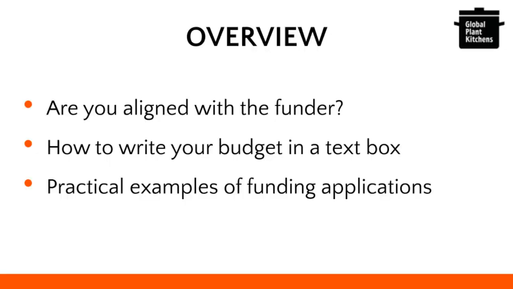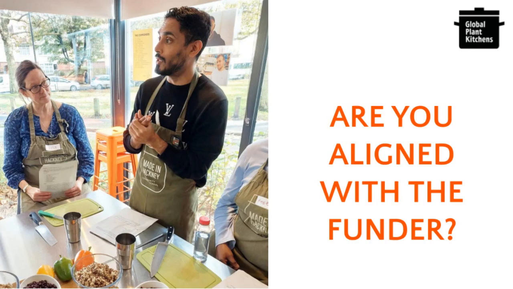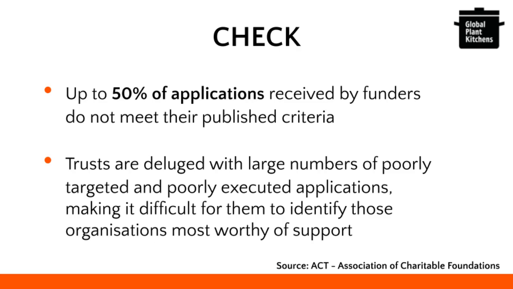The first thing before you start writing your application is to double and maybe triple check that you are eligible for that grant application. Believe it or not, there's still a large number of applications that funders receive where the application doesn't meet their published criteria.